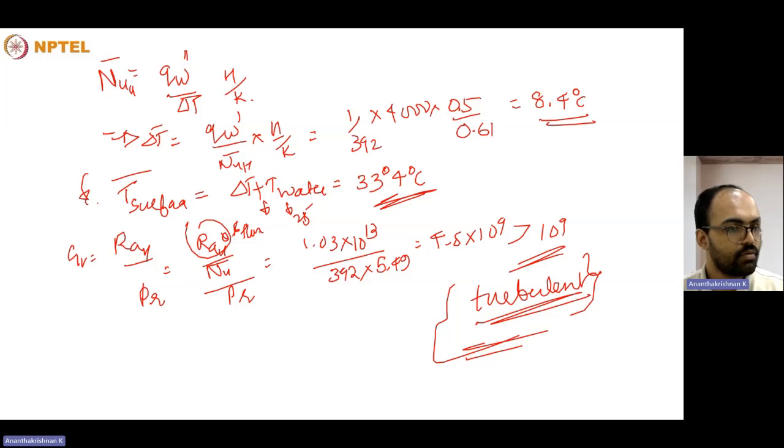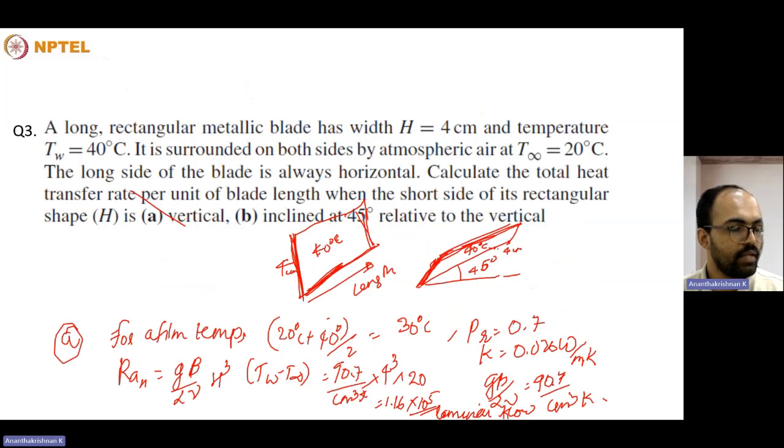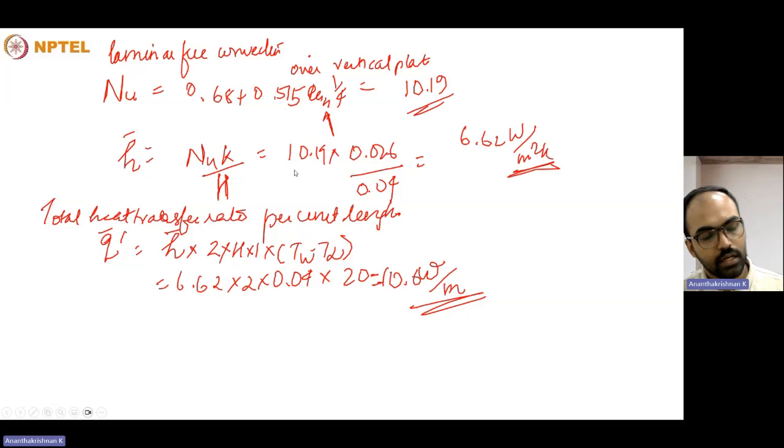And the third one is a constant wall temperature case, dealing with different orientations of the wall, from vertical to slightly inclined to horizontal, and we have seen that vertical is the best heat transferring orientation for the plate.